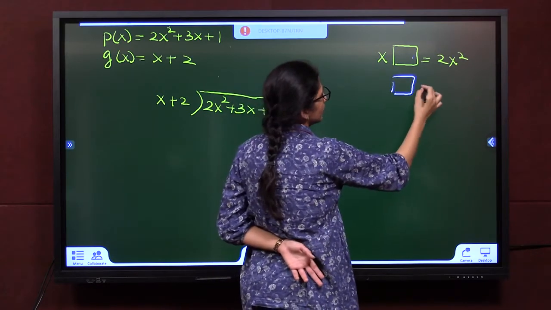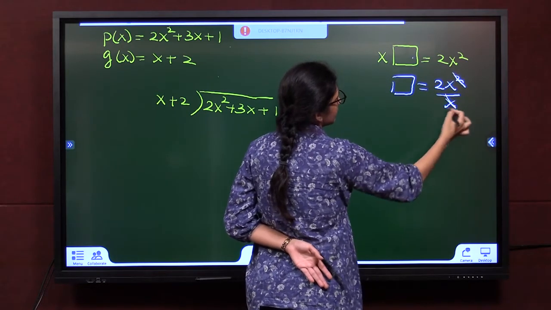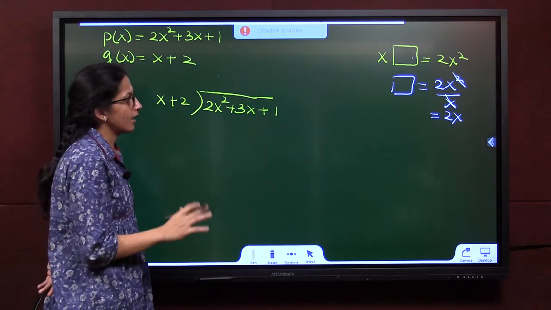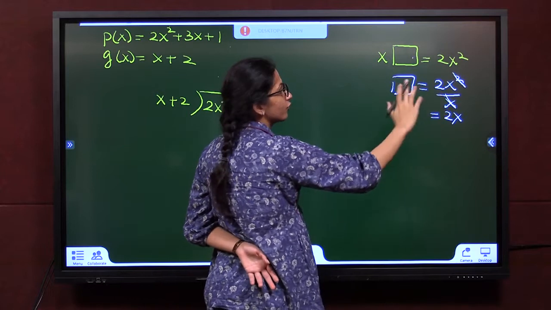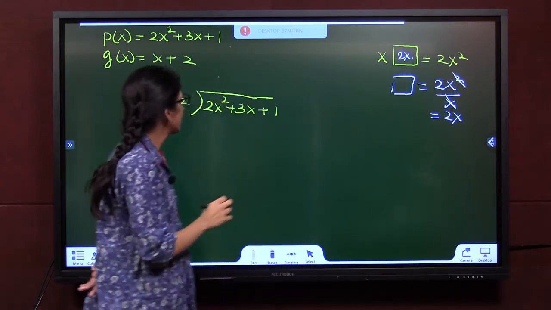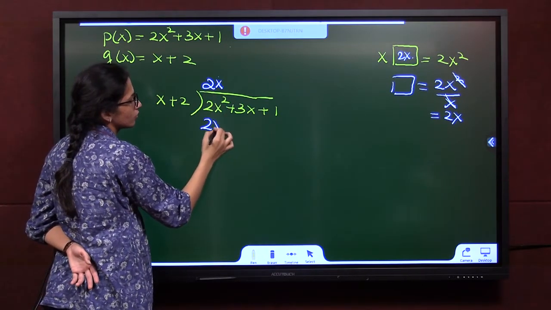Keep the box here. Send the x that side. 2x square by x, x cancels. Box is 2x. Even this is fine. Actually speaking, this is long. This is for you to understand if you don't get the answer. If you can directly tell, very good. So x into 2x will give me 2x square.